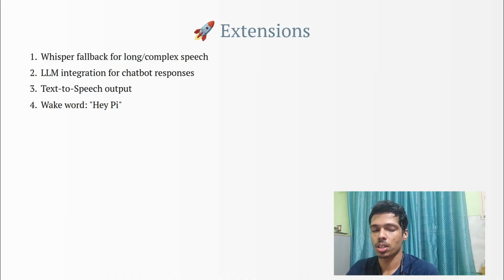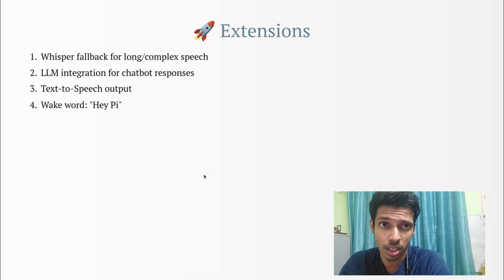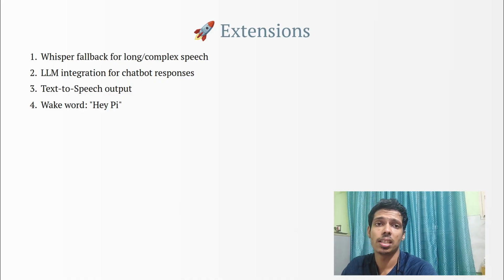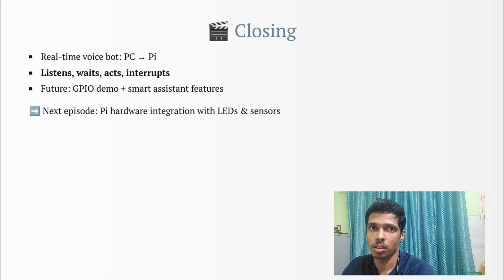But here we are not using that as of now. What we have achieved is a real-time voice bot which listens to you, takes actions, and you can interrupt, and for the future scope we can integrate some LLMs as well as Whisper to improve the model's performance.